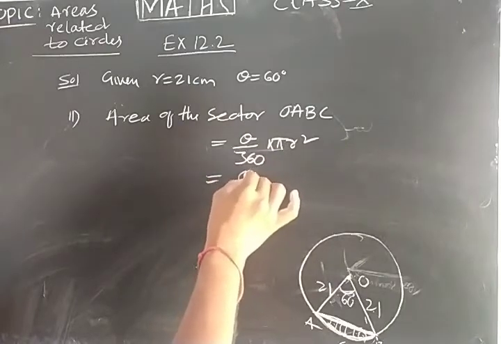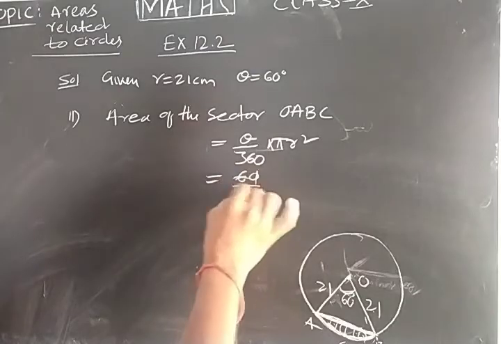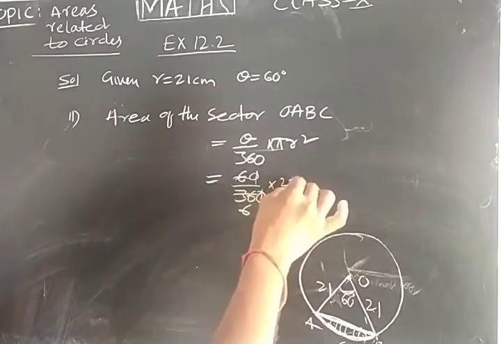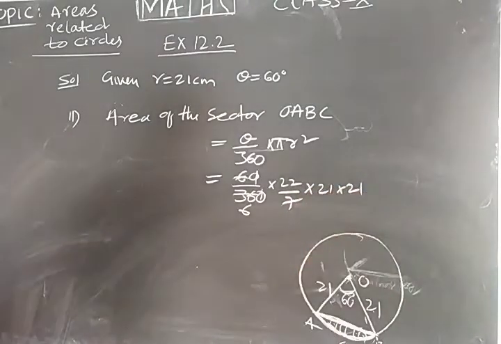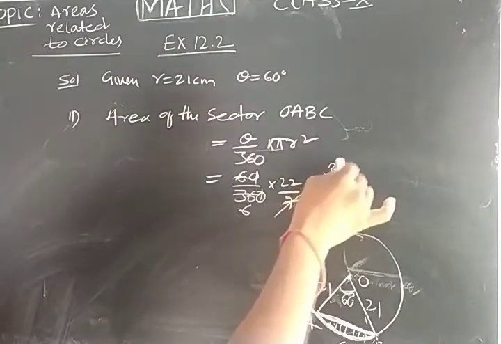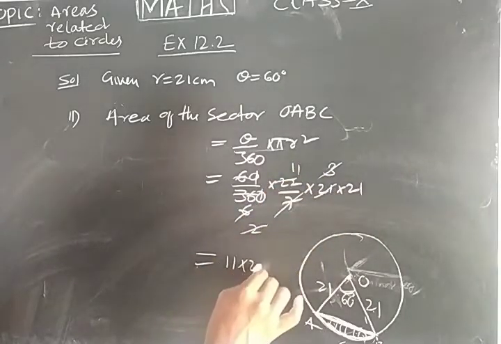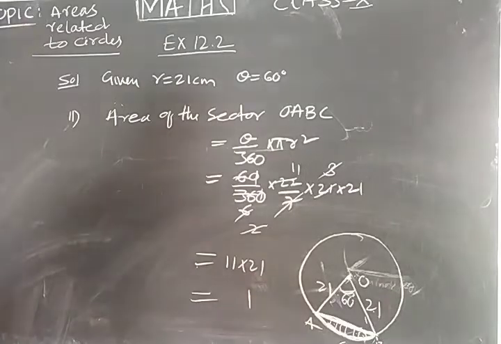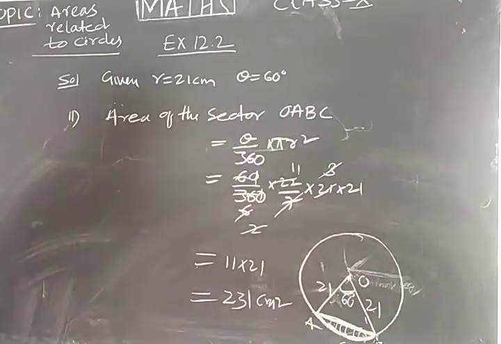Theta is 60, so 60 by 360 into 22 by 7 into 21 into 21. 7 threes are 21, 3 twos are 2, 11 into 21 is 231. So 231 centimeter square is the area of the minor sector.